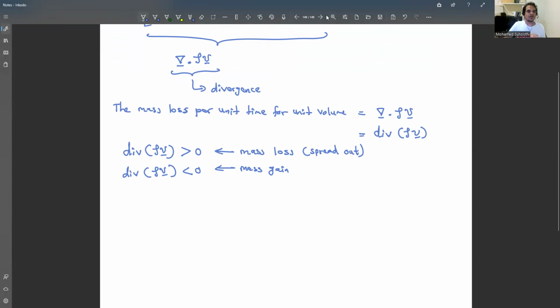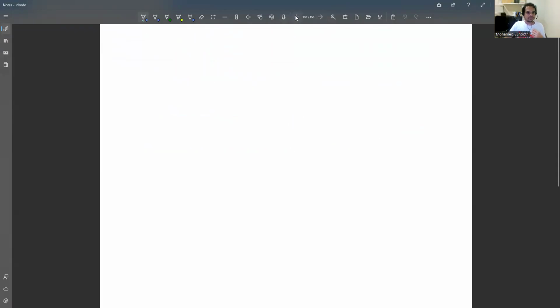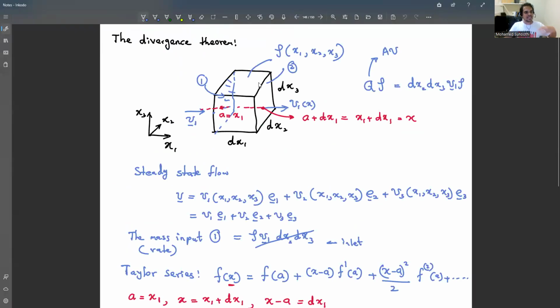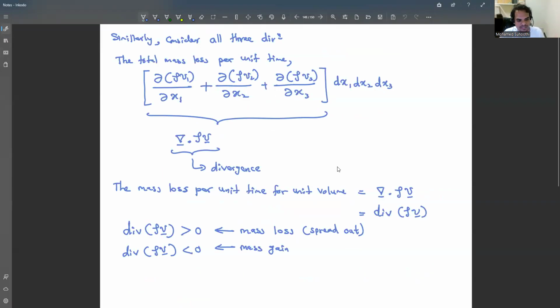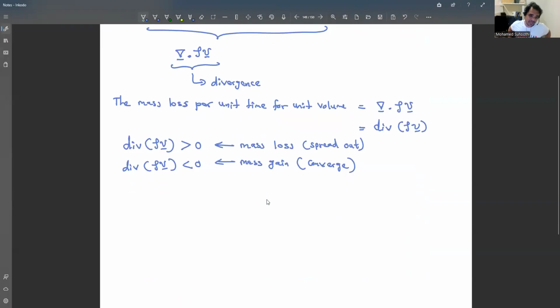The outlet has taken something inside the element, so the element volume is decreased. This case is called convergent. So these are the two things happening, right?